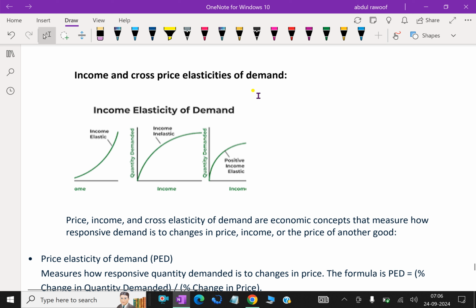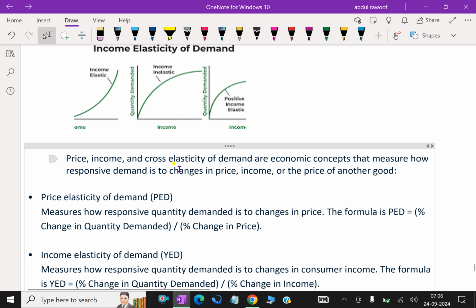Cross price elasticity of demand, that is sigma c, measures the relative responsiveness of the demand for one product to changes in the price of another, when all other variables are held constant, given that demand function.